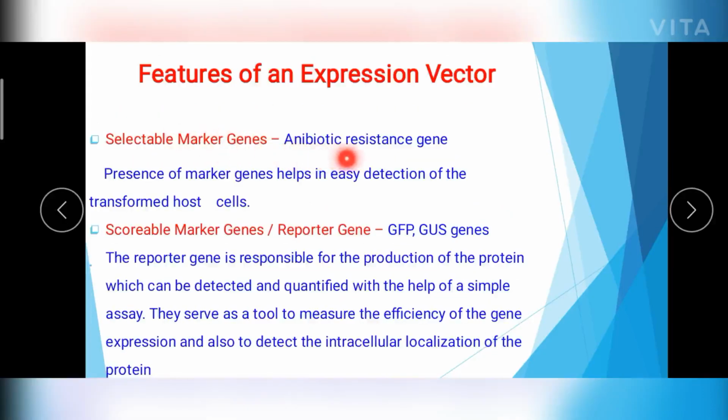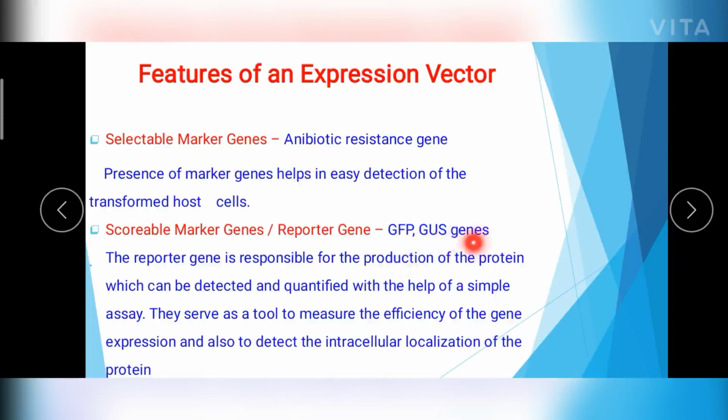Then the selectable markers. In order to identify our transformed cells, you will use selectable marker genes. The most common marker is the antibiotic resistance gene, and what is present particularly in this expression vector is that scorable marker genes are also present, that is the GFP gene and GUS gene.